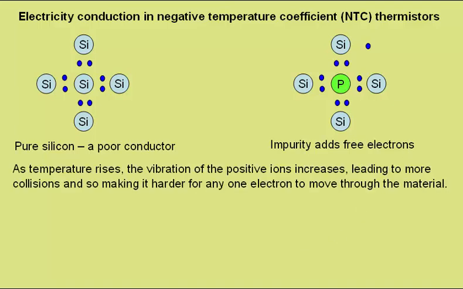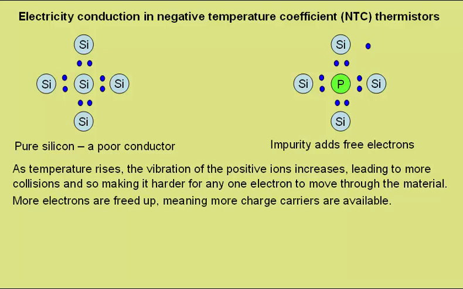As the temperature of the silicon or the doped silicon rises, the vibration of the positive ions will increase, just as it did in the filament. This will lead to more collisions, and so make it harder for any one electron to move through the material. But the rise in temperature and the vibrations frees up more electrons, meaning more charge carriers are available.